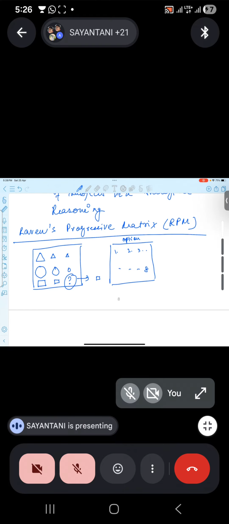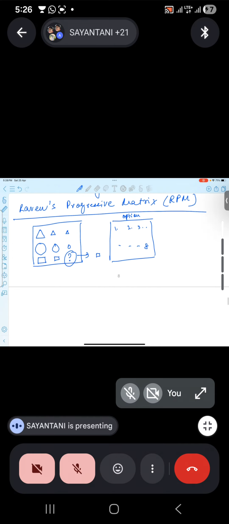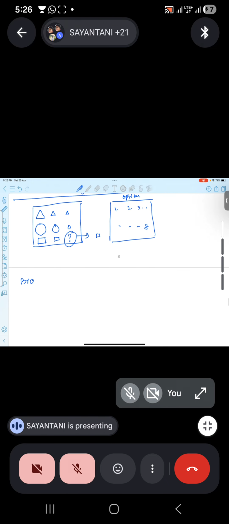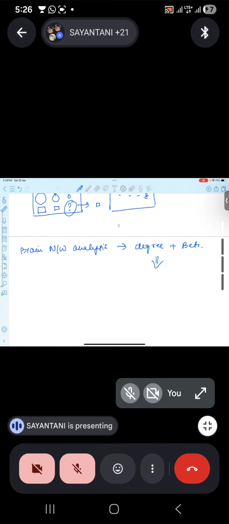Okay. So again, for this experiment, we had gone through the same pre-processing steps, and we had conducted brain network analysis via the same features, degree and betweenness. The conclusion drawn is that the same areas, Brodmann area number 40 and Brodmann area number 10, are highly activated during this particular cognitive task.